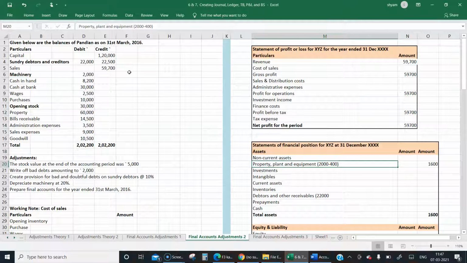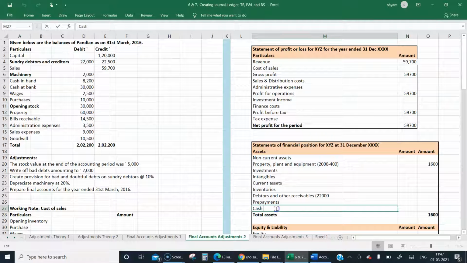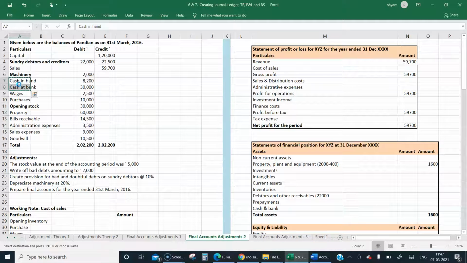So next is cash in hand and cash at bank. So we have cash here. We'll just copy both, cash in hand and cash at bank, and the values are here.